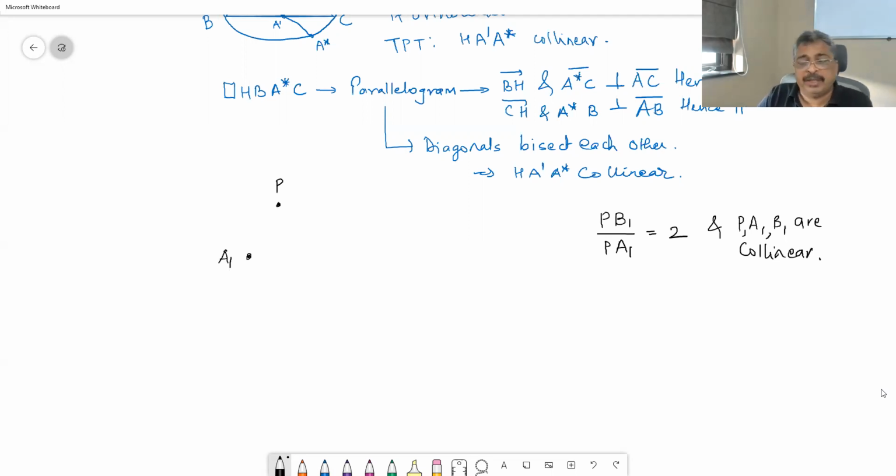Then geometrically, can we construct point B1? Or let me make this ratio 3. Can we geometrically construct B1 in this plane?